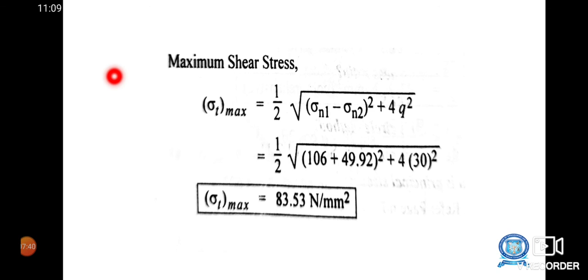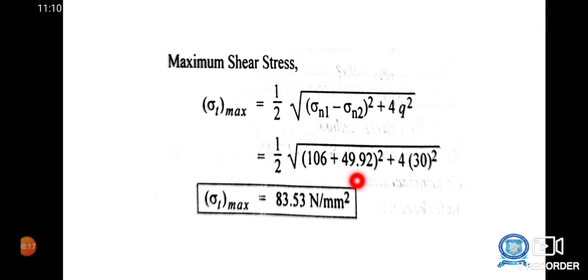Next we find out the maximum shear stress. The maximum shear stress sigma t max is equal to 1 by 2 root of sigma n1 minus sigma n2 whole square plus 4 q square. We apply the calculated values in this formula: 1 by 2 root of 106 plus 49.92 whole square plus 4 into 30 square.